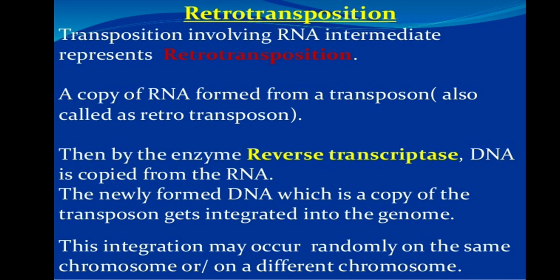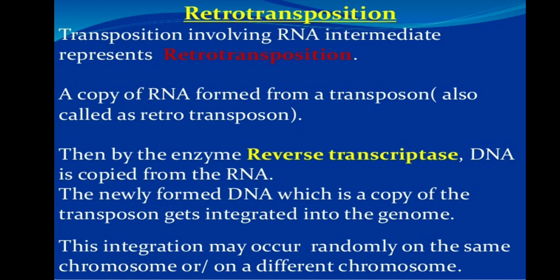Then we'll see retrotransposition. Transposition which involves an RNA intermediate represents retrotransposition. It is a copy of a DNA that forms a transposon, also called a retrotransposon. Then, by the enzyme reverse transcriptase, DNA is copied from the RNA, and the newly formed DNA, which is a copy of the transposon, gets integrated into the genome.